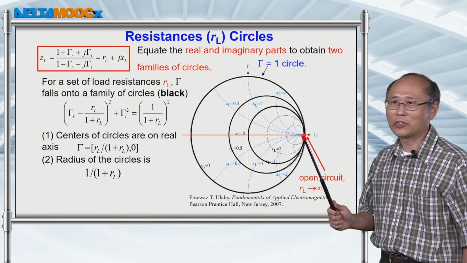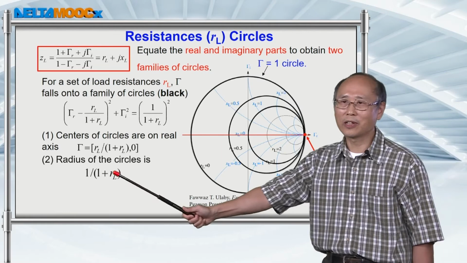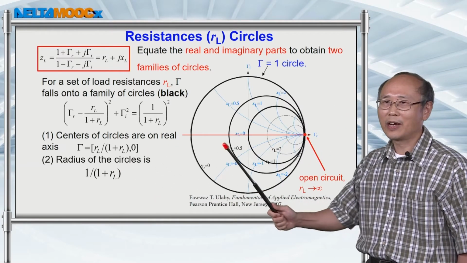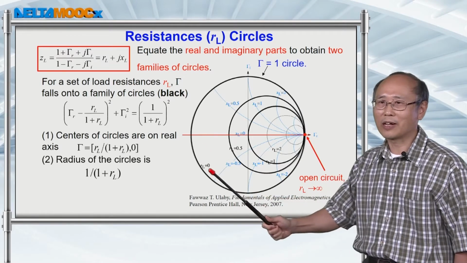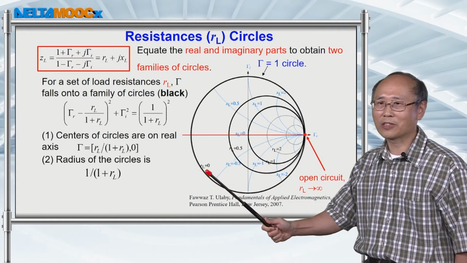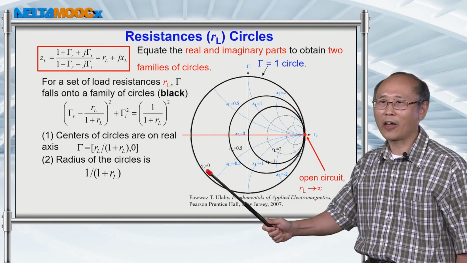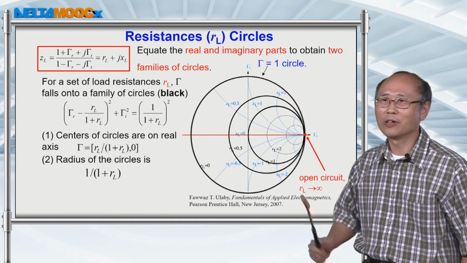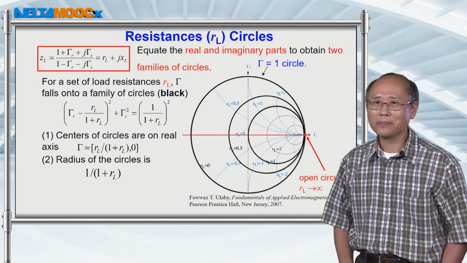If you reduce RL continuously, then the radius of the circle is going to increase. And the larger circle here corresponds to RL equal to 0. So this is sort of a short circuit circle on this plot.